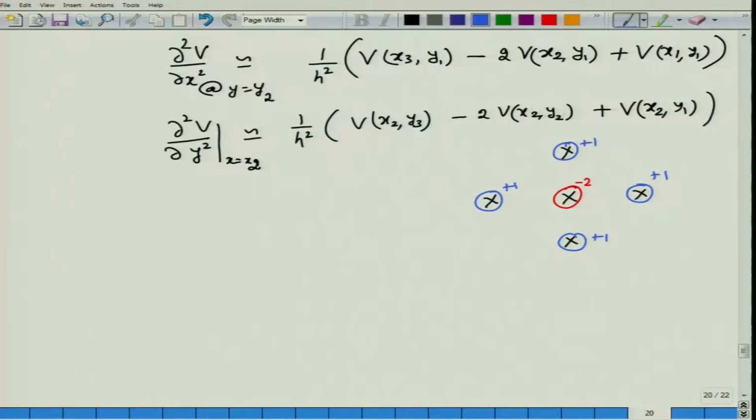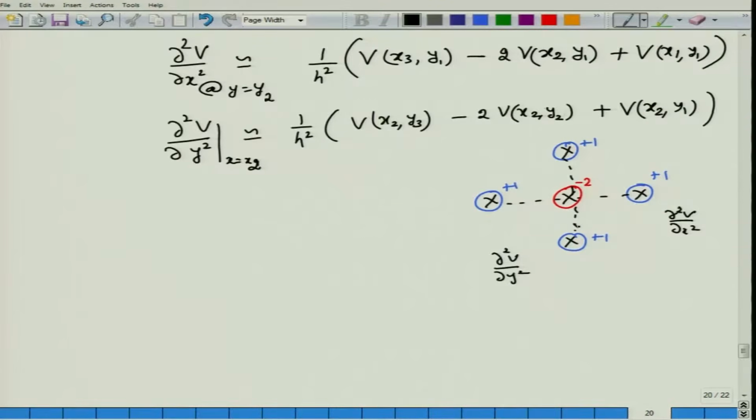The grid is uniform everywhere in x and y. If I go horizontally, I obtain del square v by del x square, and if I go vertically, I obtain del square v by del y square. So horizontal and vertical movement gives me the corresponding partial derivative that I am looking for.